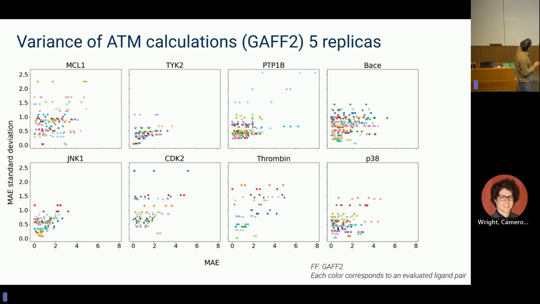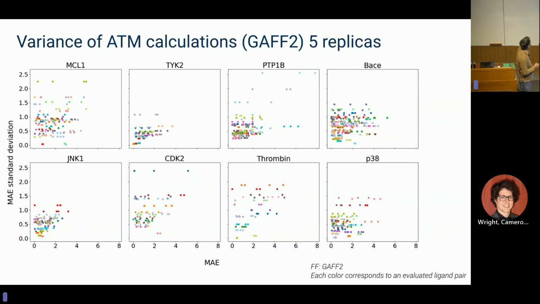So what this means is nicely we don't have any point where we run multiple replicas, and the absolute error, the mean error, is high, but the standard deviation between the replicas is low. So we can use the standard deviation between the replicas to eliminate some of these points.